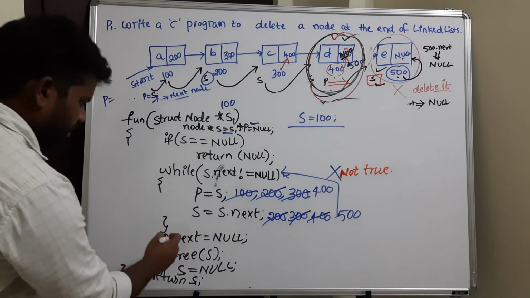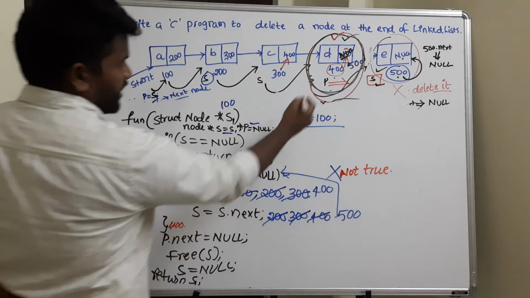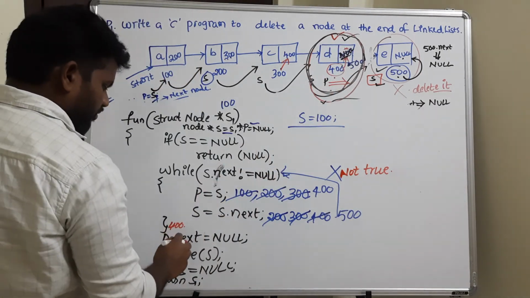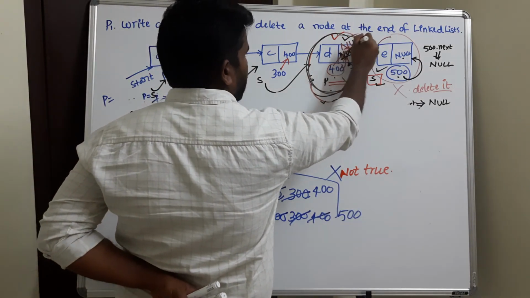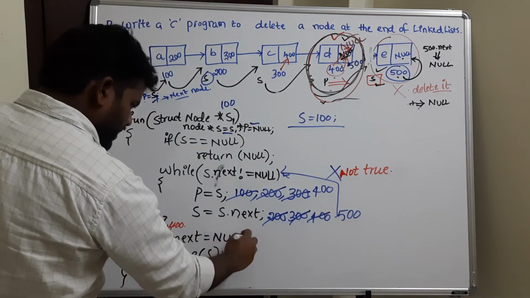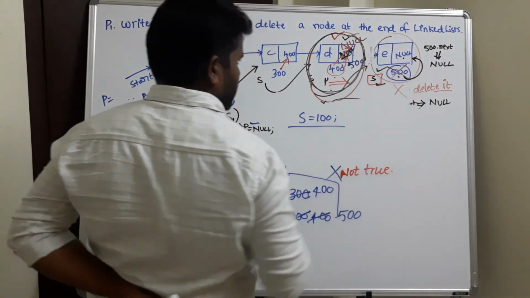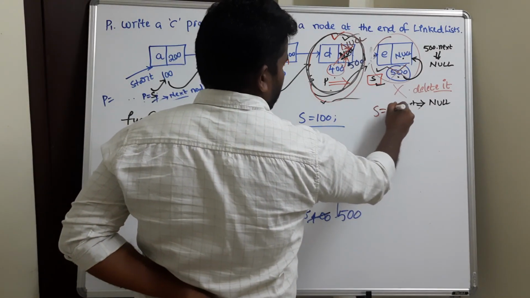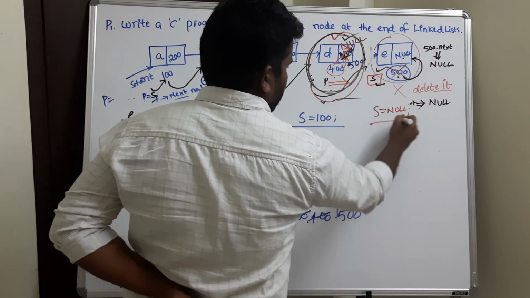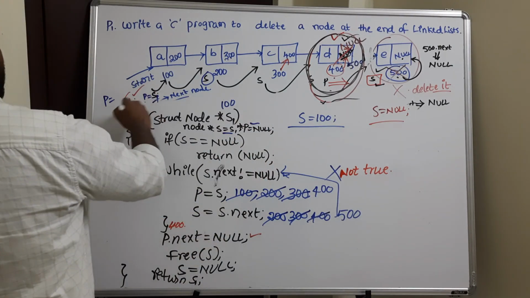So what is P? P is 400. What is 400 next? That is showing 500. So we will make this null now, and free up the node. Then we are assigning S equal to null. So it's completely done, and we are returning this S1, right?